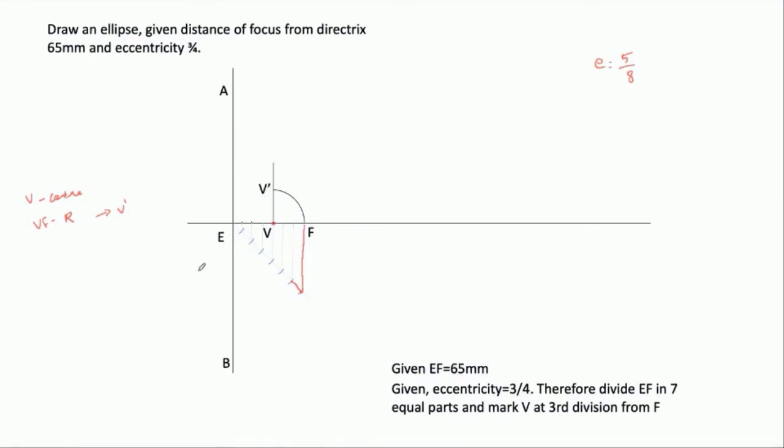Okay. This is the second step. Then we are going to join E, V dash and extend beyond.